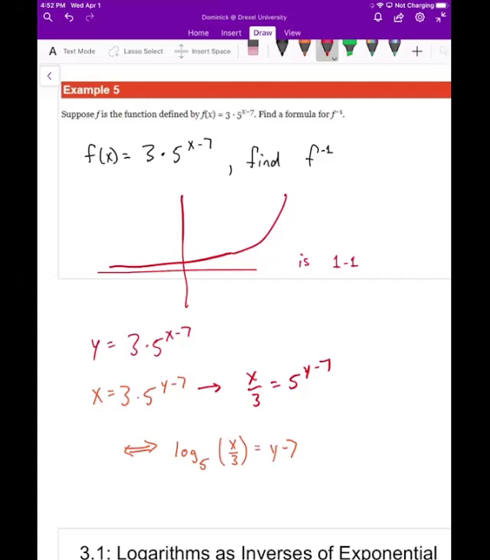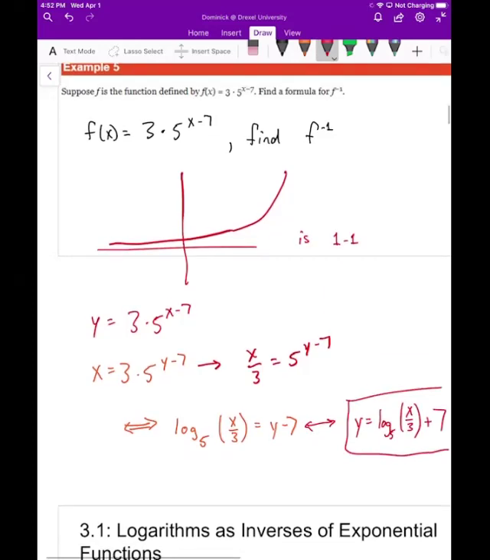So last but not least, I would have that y is equal to log base 5 of x over 3 plus 7, once I solve for y. All right, so that's where you're seeing the inverse come into play there. So that's the idea.